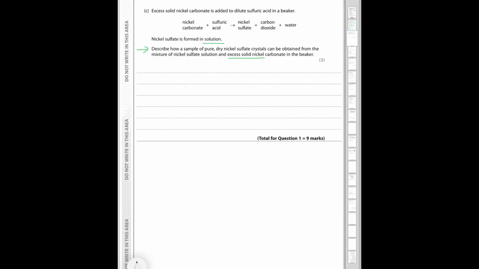Now that part's important because they've told us that we've got excess of our solid nickel carbonate. So the first thing that we have to do to get rid of the excess solid is we have to do filtration, so any extra solid nickel carbonate is removed from the solution. Then we would perform crystallization on the solution by heating it up, allowing it to cool and the crystals to form.